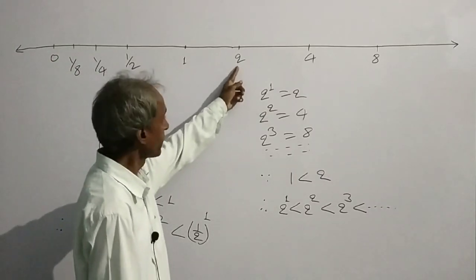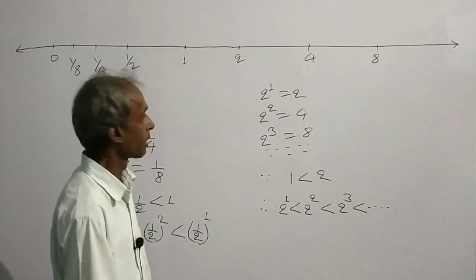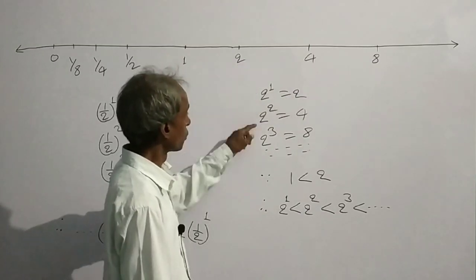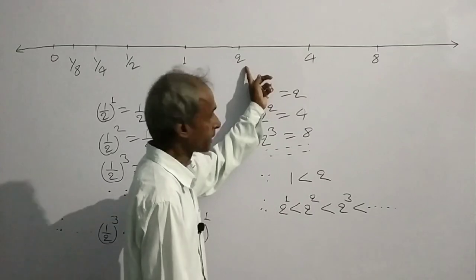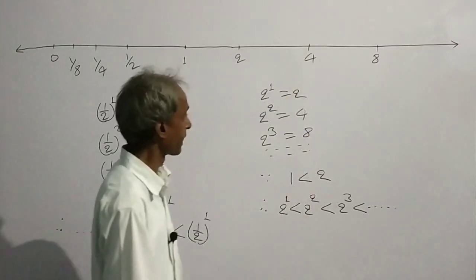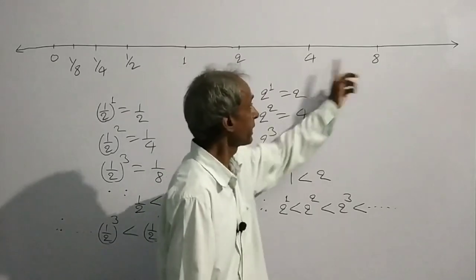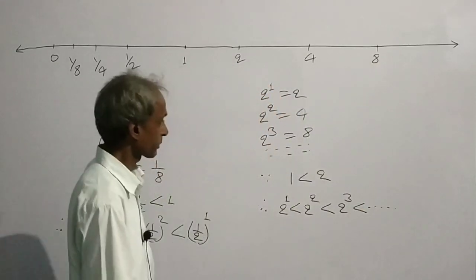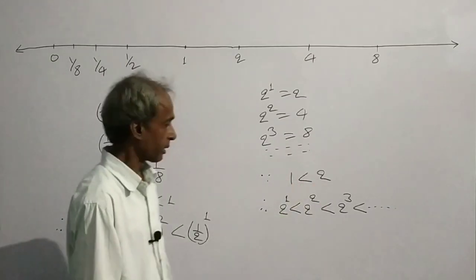2 is a number greater than 1. 2 to the power 1 will be equal to 2. 2 square will be equal to 4. The value shifted to the right hand side. 2 cube will be 8. 8 is on the right hand side of this 4. 2 is greater than 1.